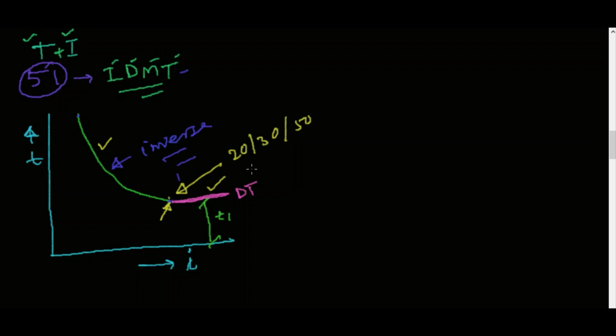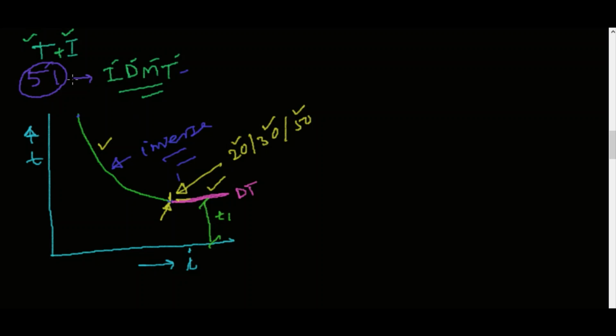On reaching 20 times, 30 times, or 50 times the current, the relay characteristic loses its inverse properties, and after that it enters the definite time region. So this is the IDMT characteristic.